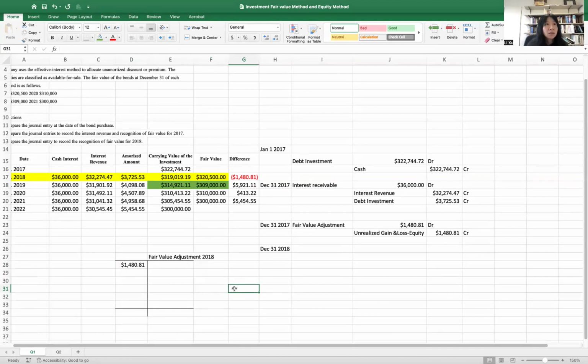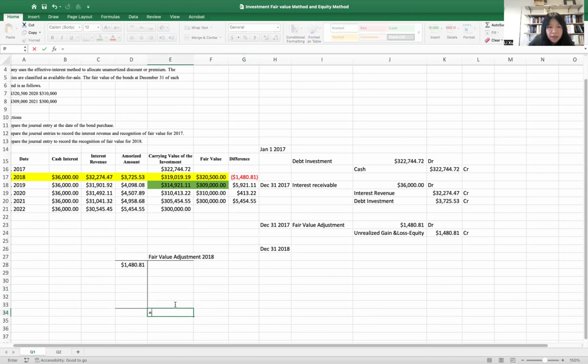Reducing the amount means we need to have a fair value adjustment on the credit side, because the normal balance of debt investment is debit. To reduce debt investment, you have to credit, and therefore this fair value adjustment account has to come in on the credit side.